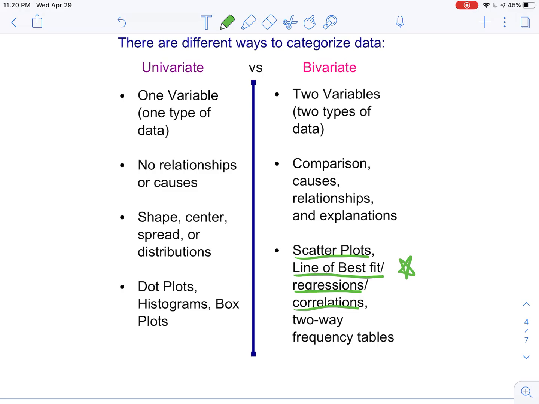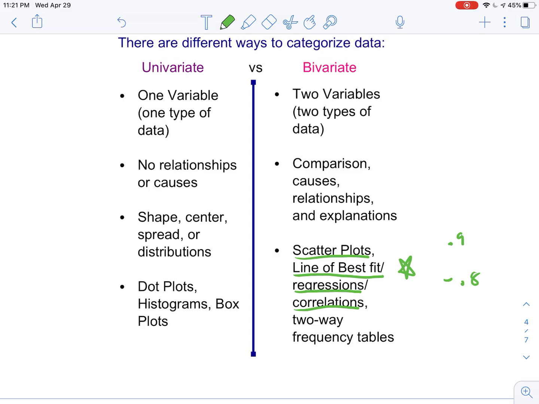Okay, and what made all of those bivariate information is because we were comparing two sets of information, right? How closely related are those two sets of information? Did they have a correlation of 0.9? Right, which meant that there was a strong relationship. Did we have a correlation coefficient of minus 0.8, which is a pretty good relationship, but with a negative direction, right?